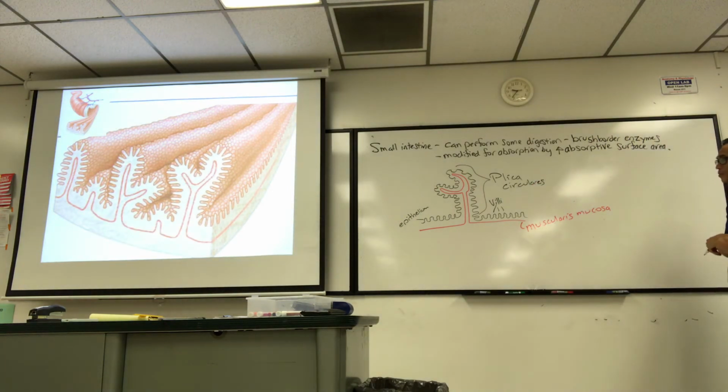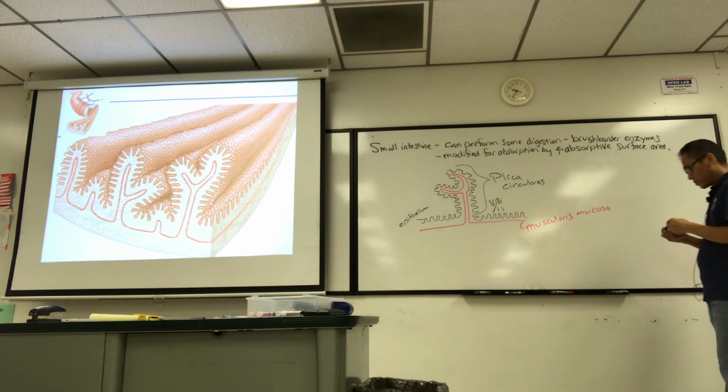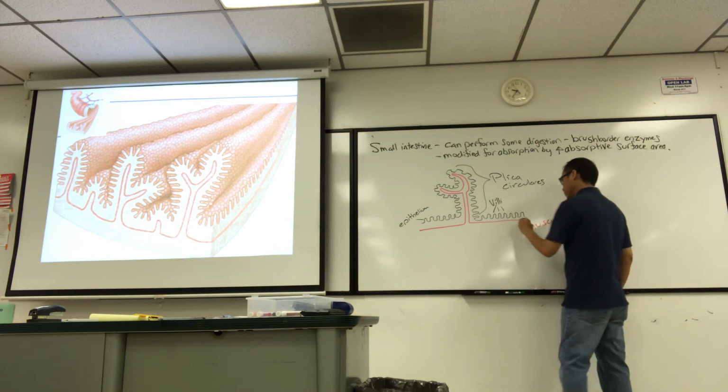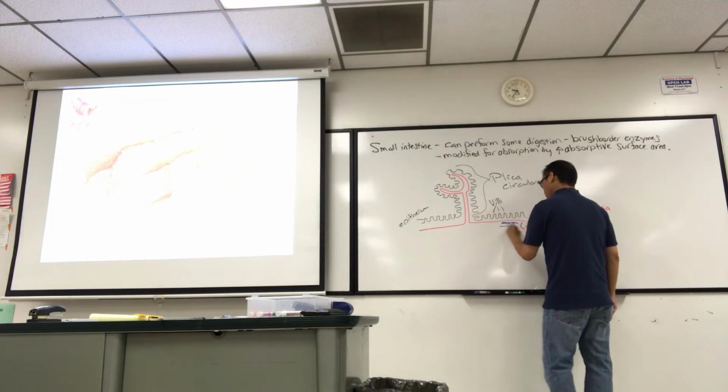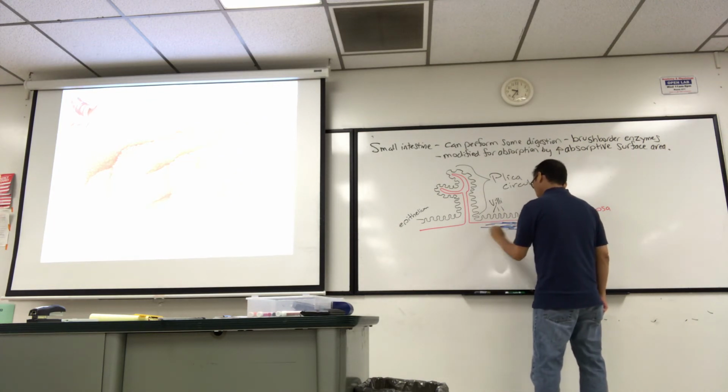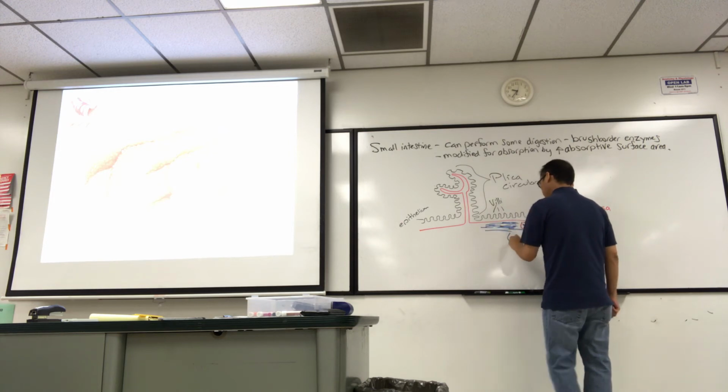It's about a centimeter tall fold. You can see it with the naked eye. But what you can see is that deep to the muscularis mucosa is a submucosa, loose connective tissue.